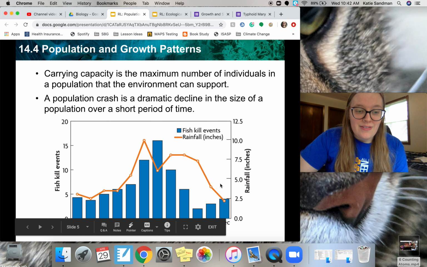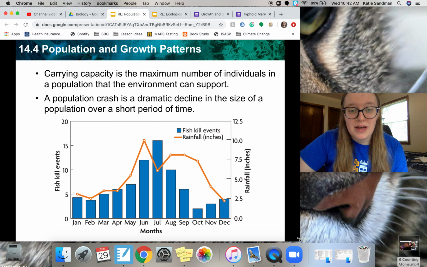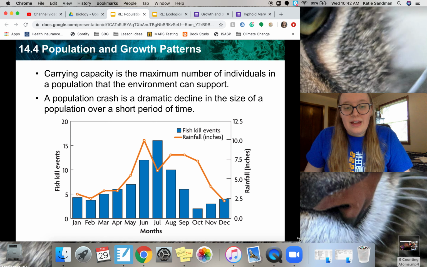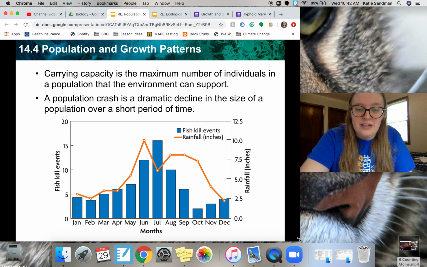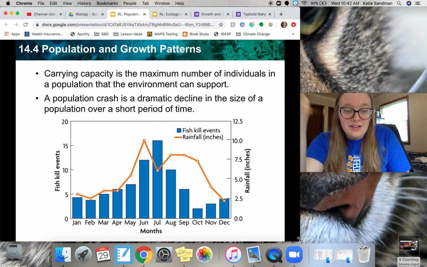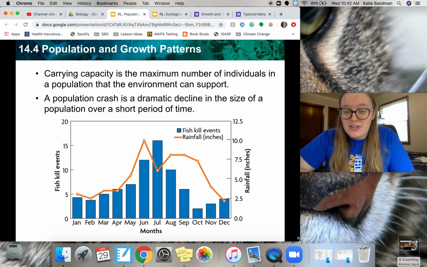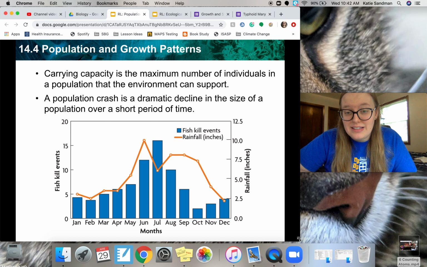We have fish kill events versus the rainfall, and at the bottom are the months. As you can see, it's on a trend from January to July. That's kind of like exponential growth. But after July, from August through December, there is a very quick population crash.